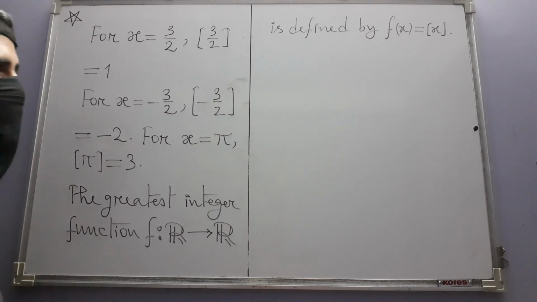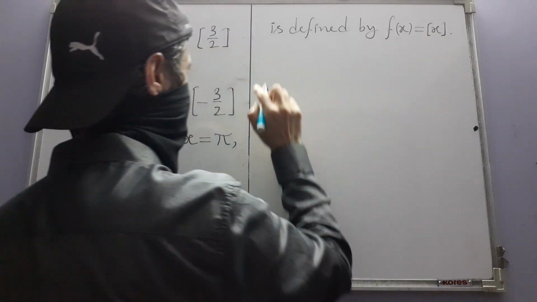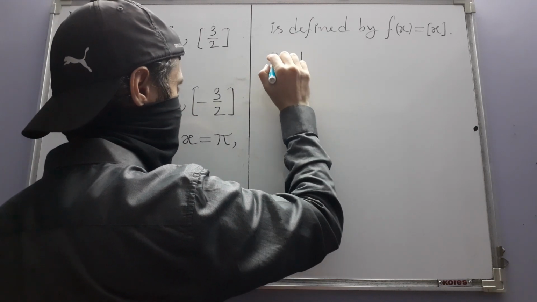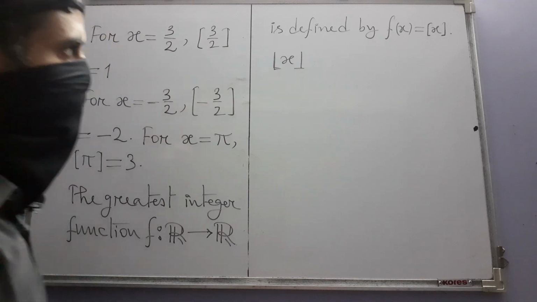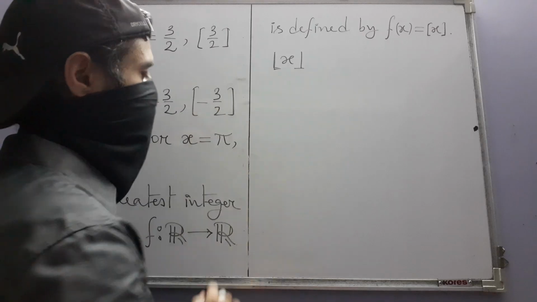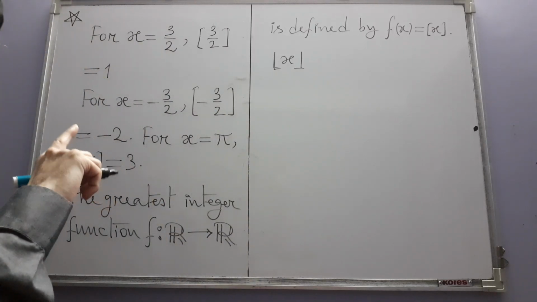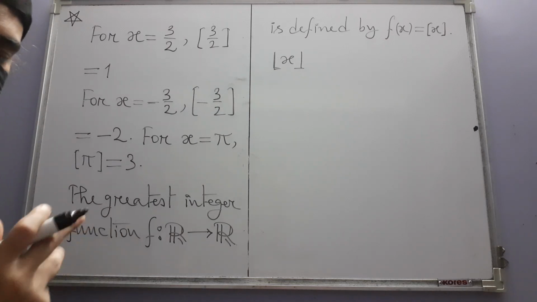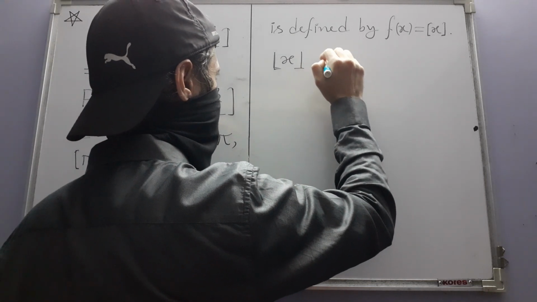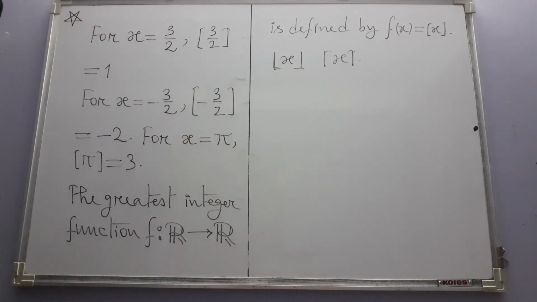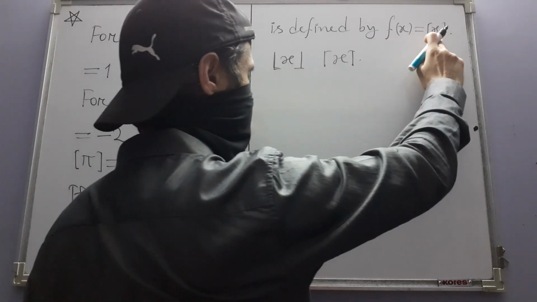There is another symbol to denote this, which is in fact the more commonly used one. This. We do not complete the square brackets, we keep the top open like this. That other partner of this function, which is the least integer function, if you think a little, you can yourself say what it is, is denoted by this symbol. But since we are not going to discuss the least integer function, we settle for this notation.